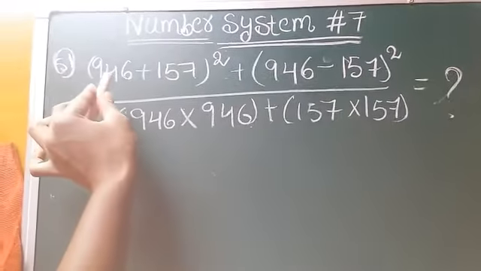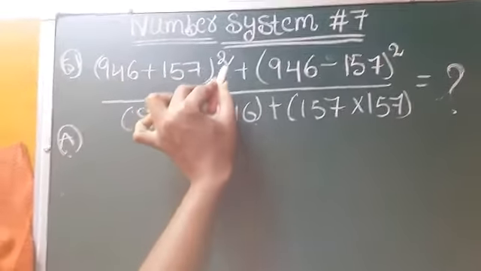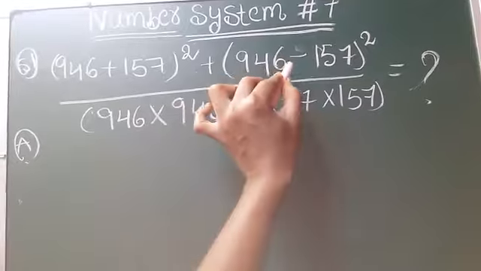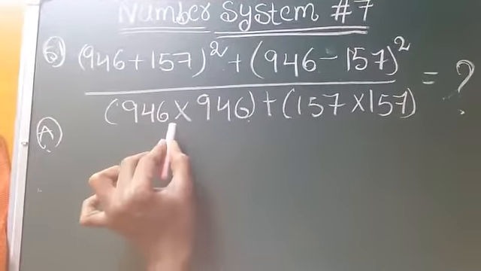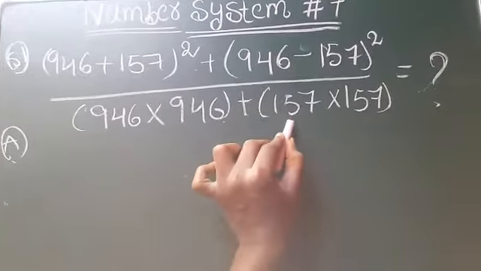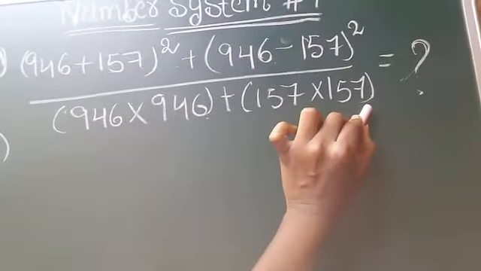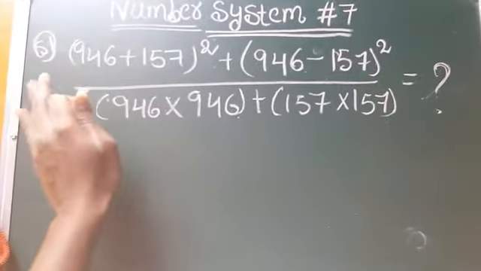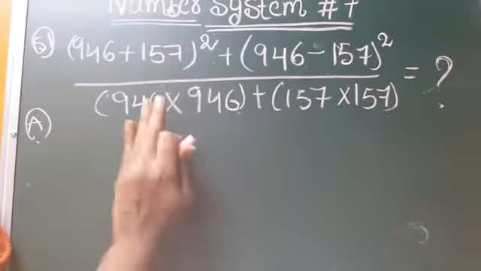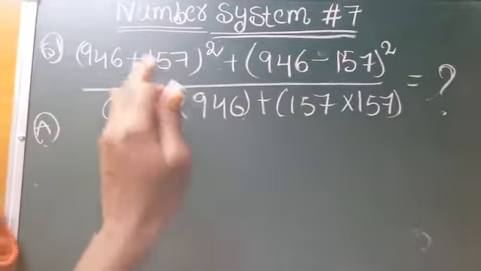See the first question. (946 + 157)² + (946 - 157)² divided by (946 × 946 + 157 × 157), that is equal to how much? It looks very large, but the answer is very simple.